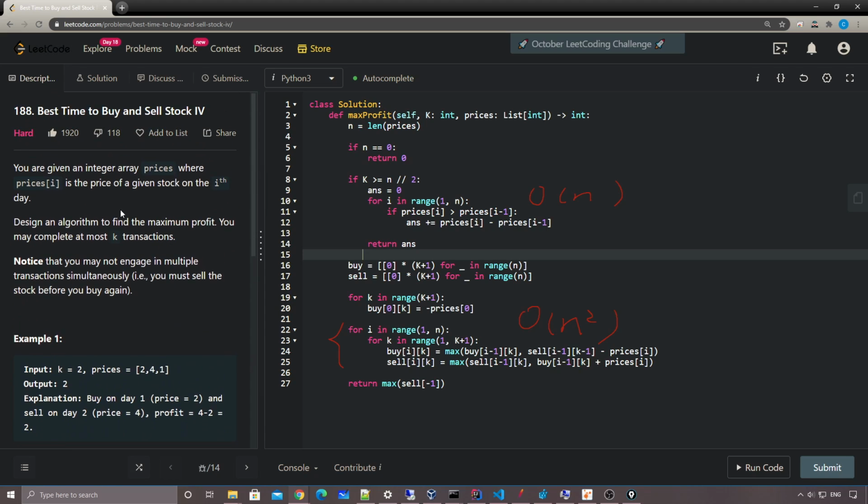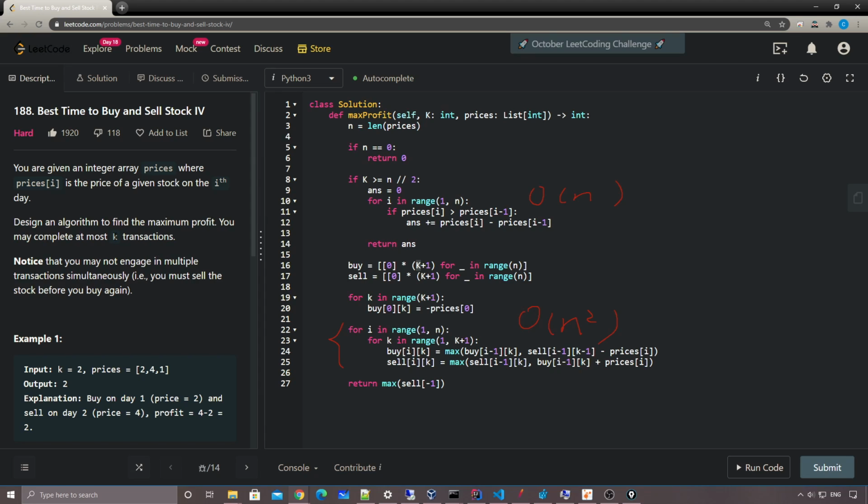It's basically the most general case for the buy and sell stock problem, where we have k transactions. So the key point for the problem is that we have to introduce a second dimension.